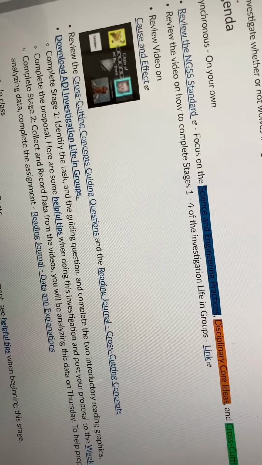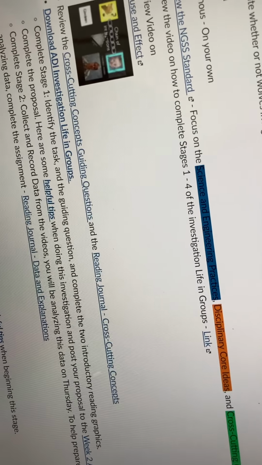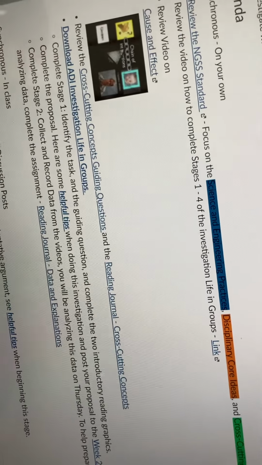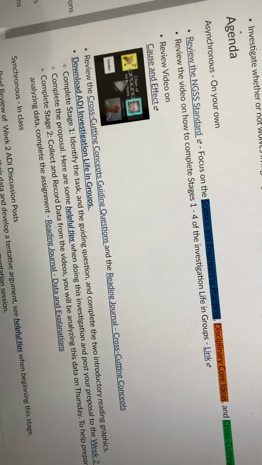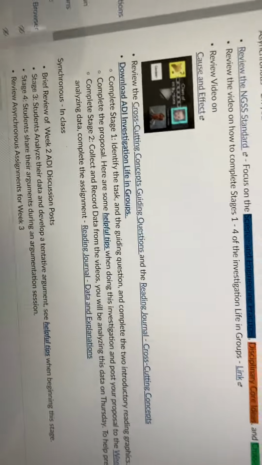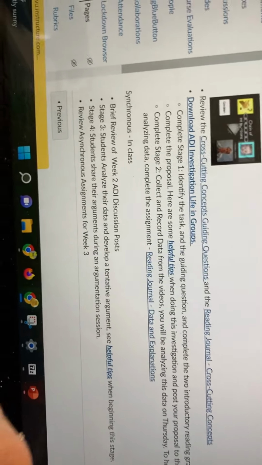That week we practiced with that life in groups section as if we were the teacher, and we filled that out in stage 1 and started talking about formative assessments for stage 2. Then we went through it just like it says there.